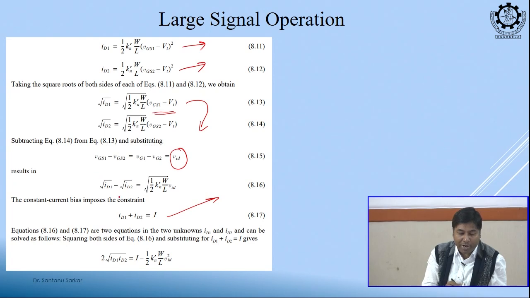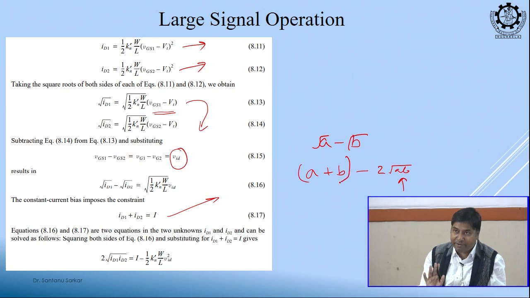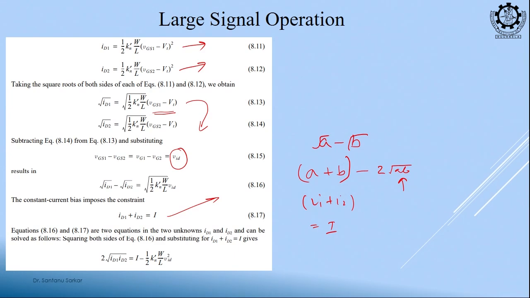Now, if you square this, suppose you have A minus B, if you square it, what do you get? A square plus B square minus 2AB. This term we need to calculate. This term, you see, is given: I1 plus I2 is given. Getting my point?